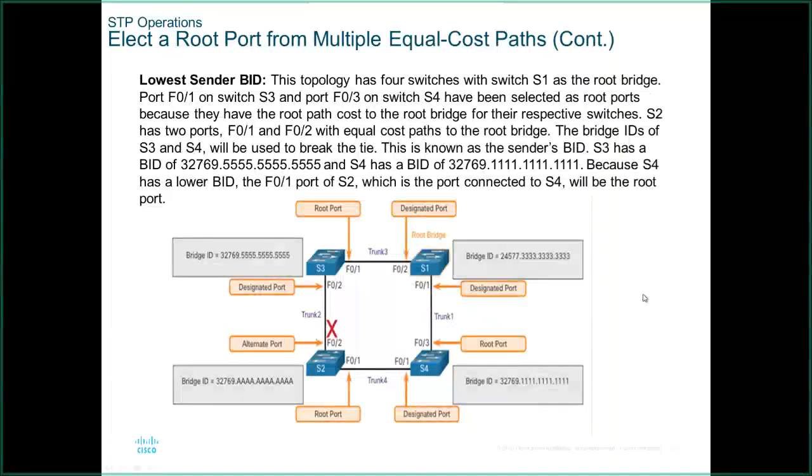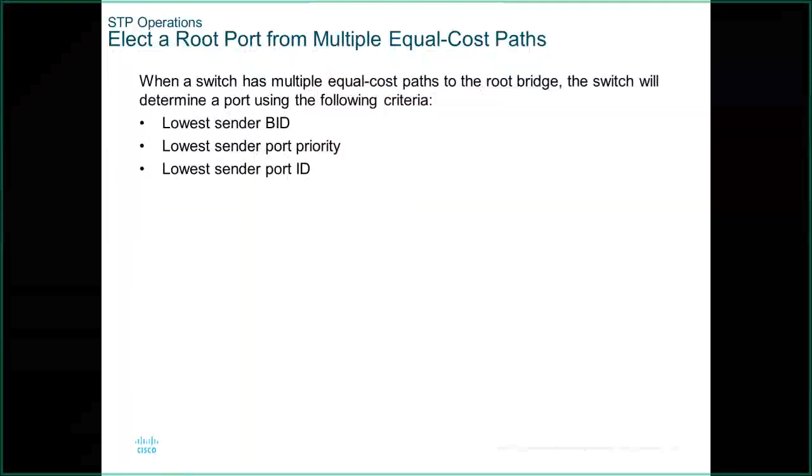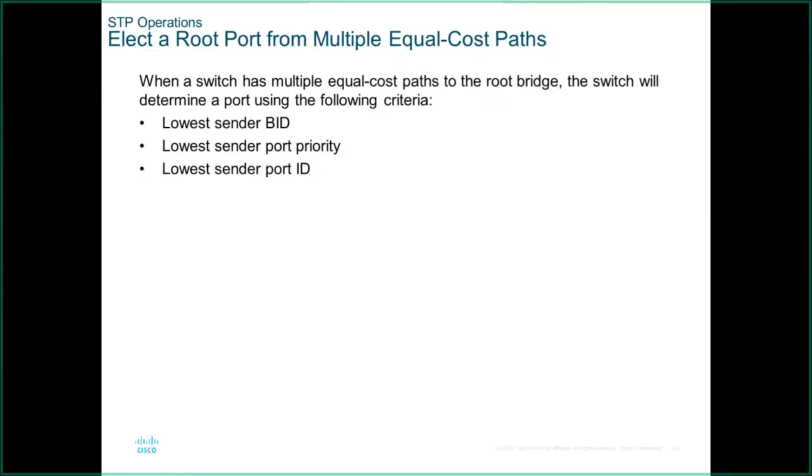So that same simple calculation determines the function of each port, all based on the cost to the root bridge, using these simple criteria: lowest sender bridge ID, lowest sender port priority, lowest sender port ID.